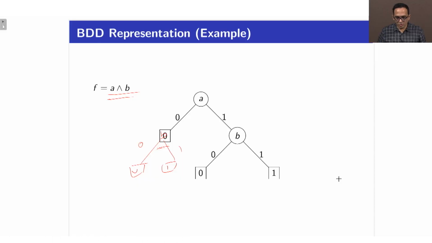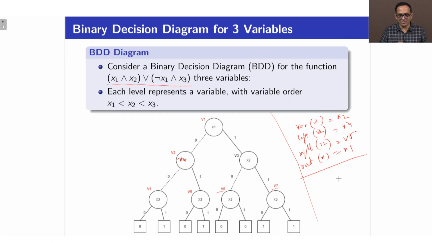The example I have taken here is basically that. You have x1 here, x2 here, x3 here. If you consider an ordered BDD, there are some interesting things. Each level represents a variable. This is level 1, this is level 2, this is level 3. In level 1 it is x1.